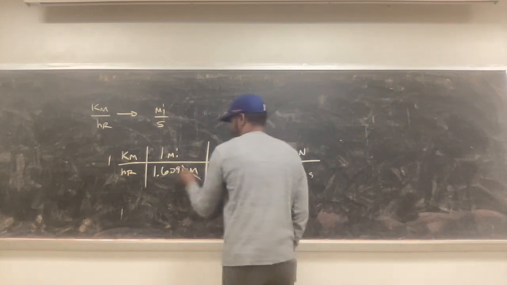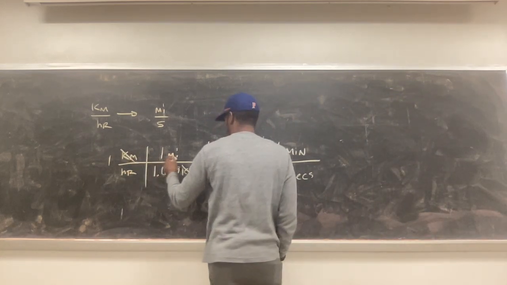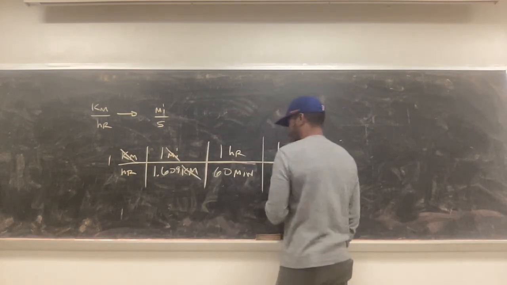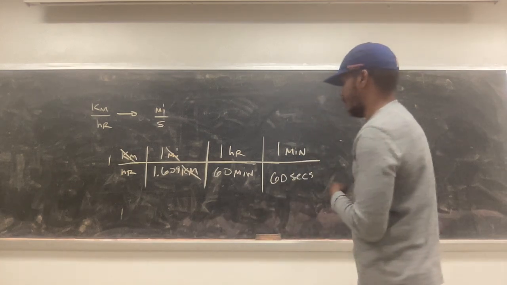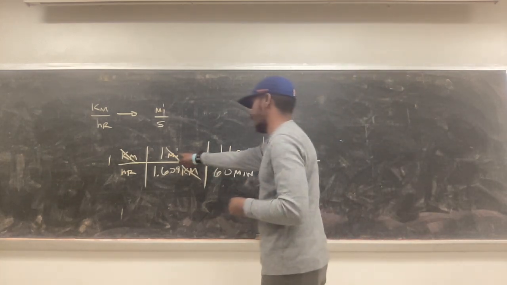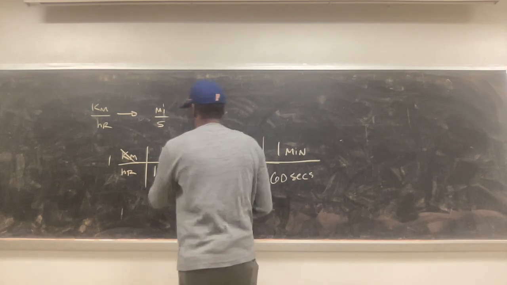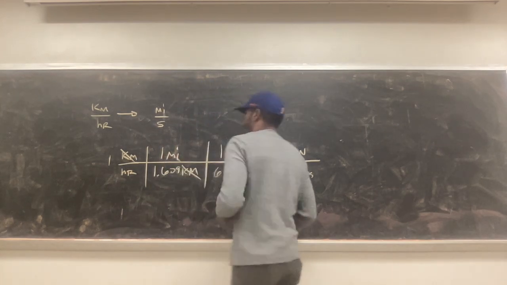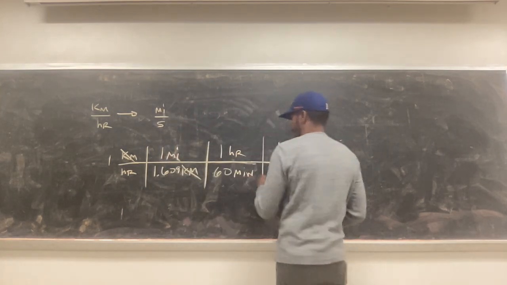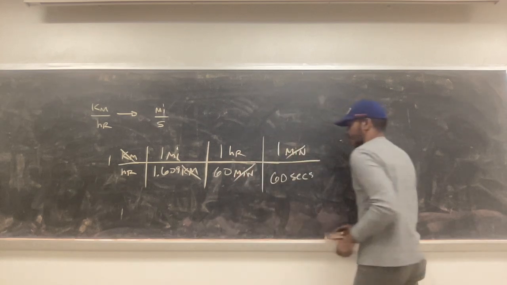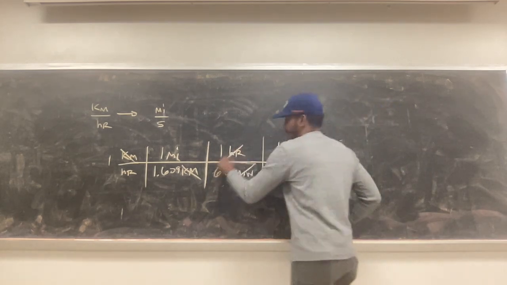So kilometer, mile. Well, no, wait. Oh no, we're stopping at miles, right? Trying to get to miles, so we're already there, and we don't have anything to cancel that. Minutes and hours.